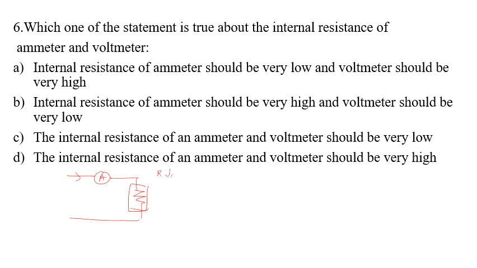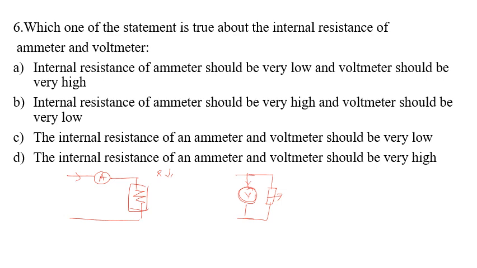But in the case of a voltmeter, generally voltmeters are connected across the load or across the supply terminals. If we need to measure the voltage drop across the load, then only a low current must flow through the voltmeter. Otherwise, we can say a very minimum current flows through the voltmeter.